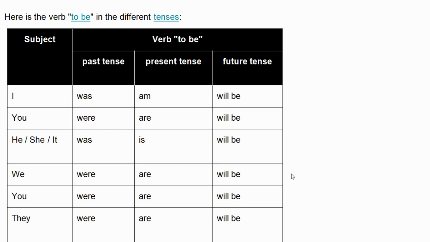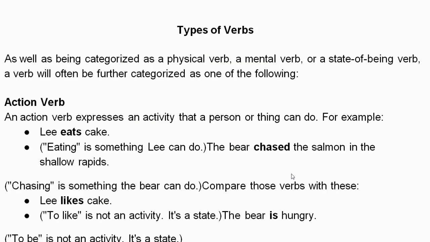We: past tense were, present tense are, future tense will be. You: past tense were, present tense are, future tense will be. They: past tense were, present tense are, and future tense will be.